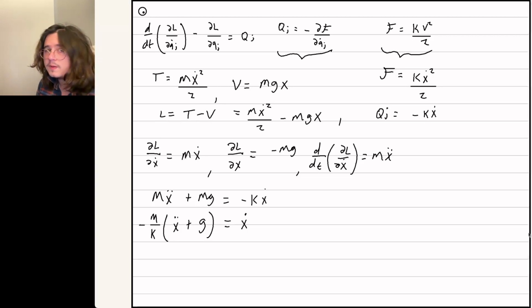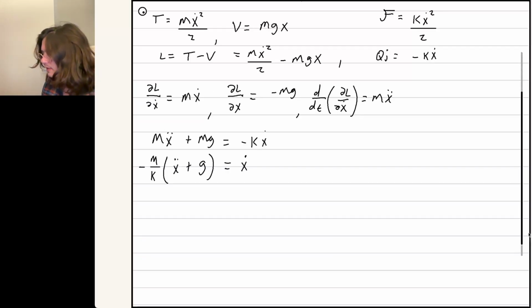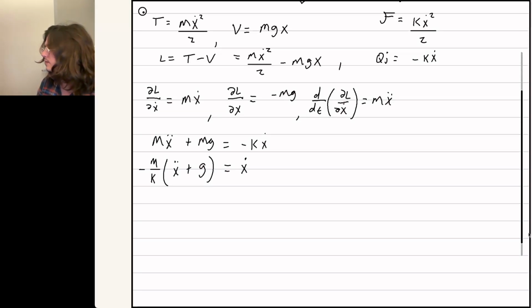So now we need to look at what the maximum velocity for this system could be. If you think about it, you're just looking at a particle that's accelerating towards the ground until it reaches a terminal velocity. Once it reaches the terminal velocity, the velocity can't change anymore, so x two dot will be equal to 0.